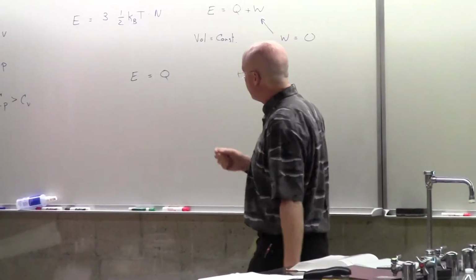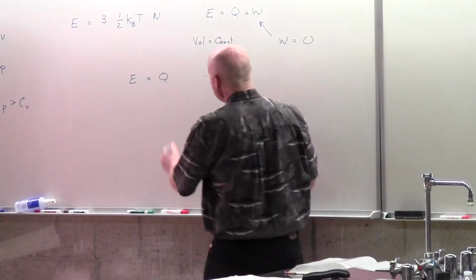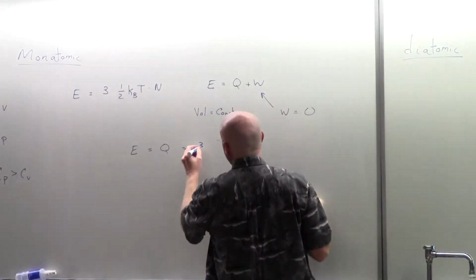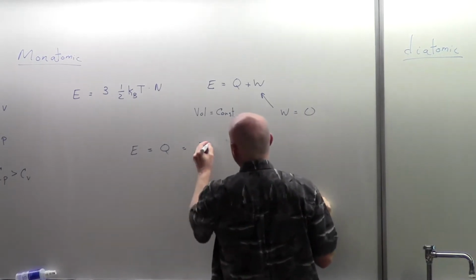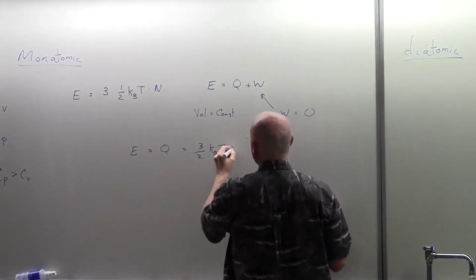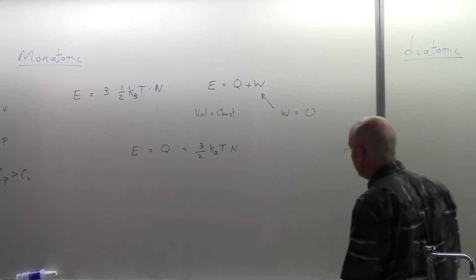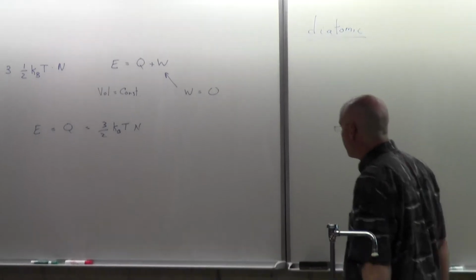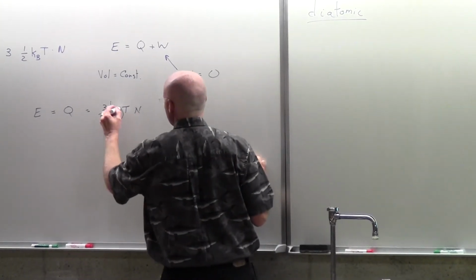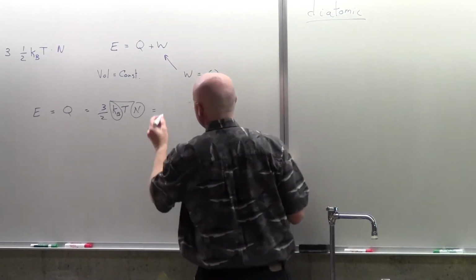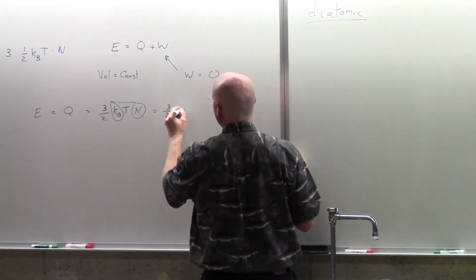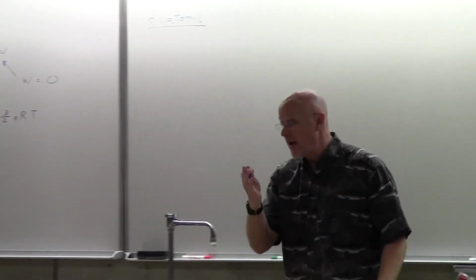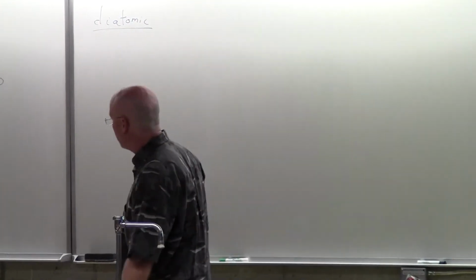What we did last time before we left then is we said then this Q would be the same as the E, and so the internal energy being 3/2 Boltzmann's constant times its temperature times the number of molecules here. And then if we did a little substitution and replaced those two variables with number of moles times R, we could also write the internal energy, or the heat added at constant volume, like this.